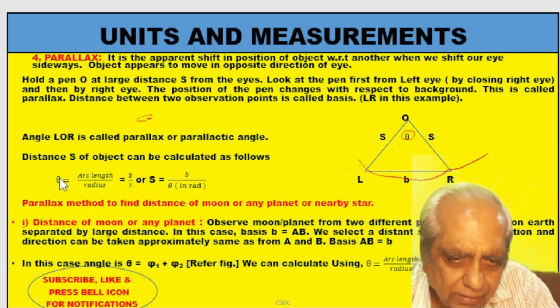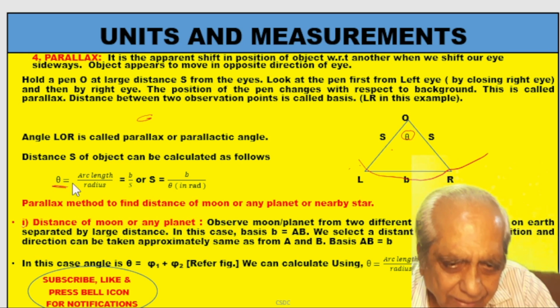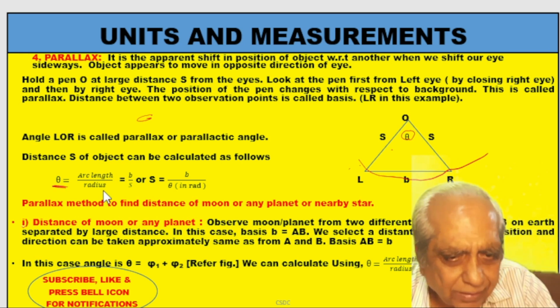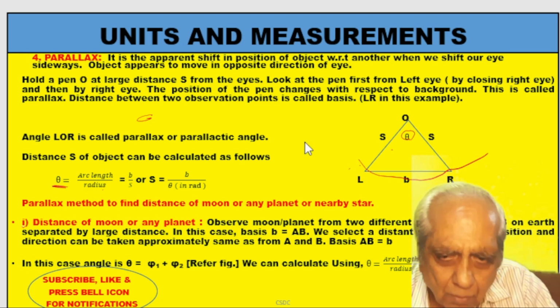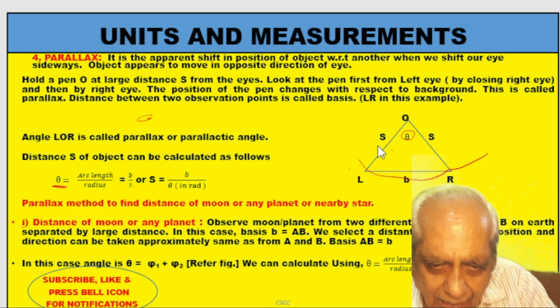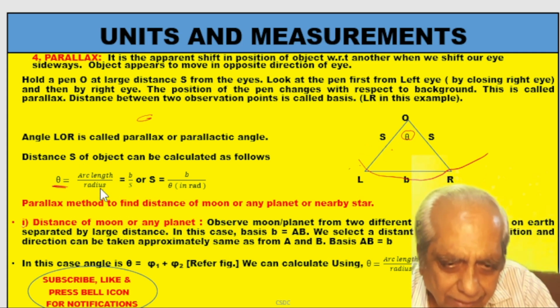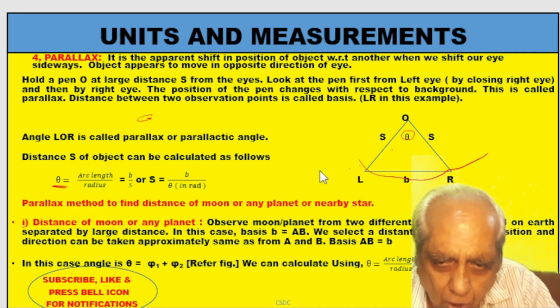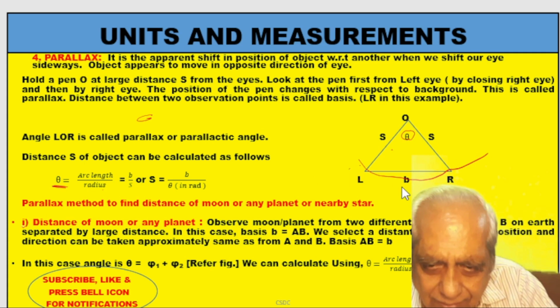As we have defined, angle theta in radian is arc length upon radius. So this angle theta, which is the parallactic angle, is arc length upon radius. Arc length is how much? This distance B I have written here.